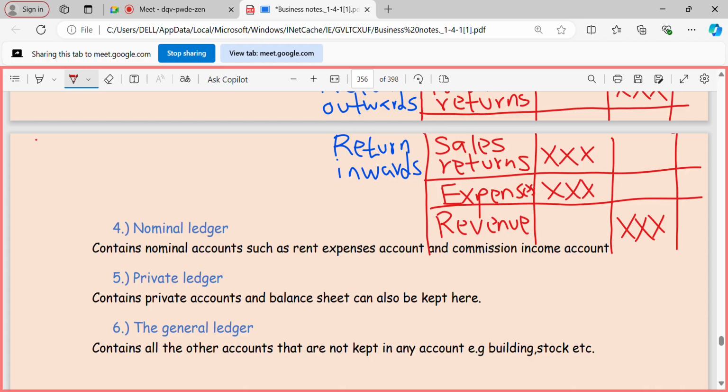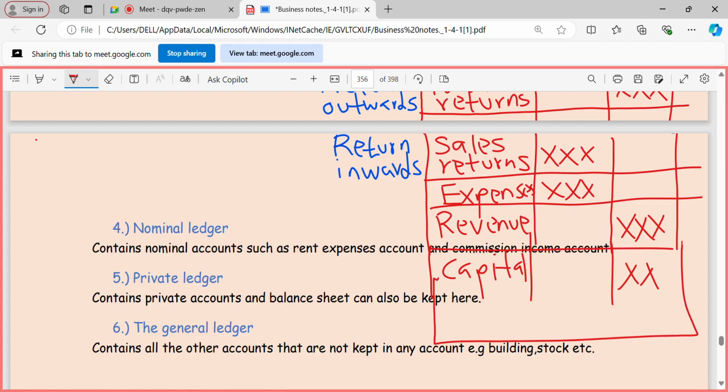Then what about revenue? The last one is revenue. According to the rules of ledger, revenue you credit, because an increase in revenue, you credit.